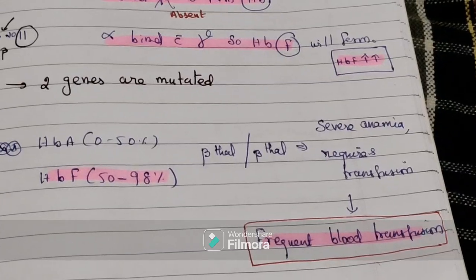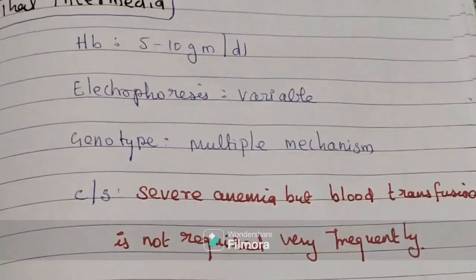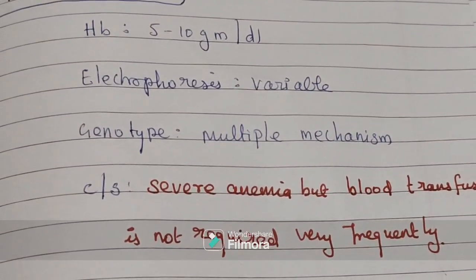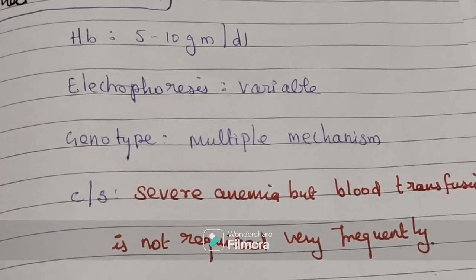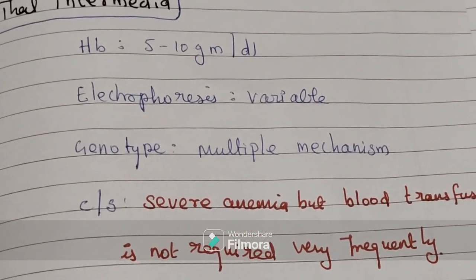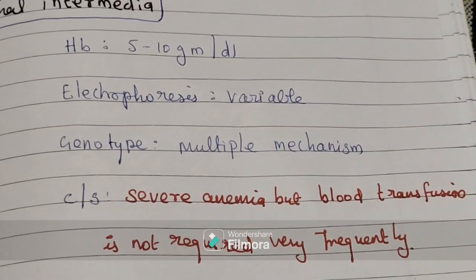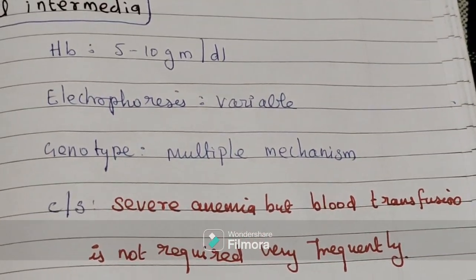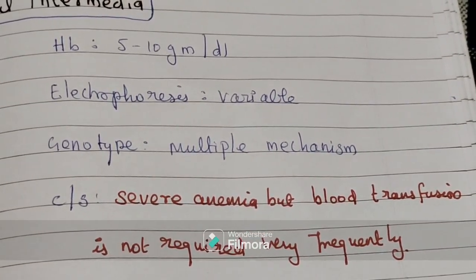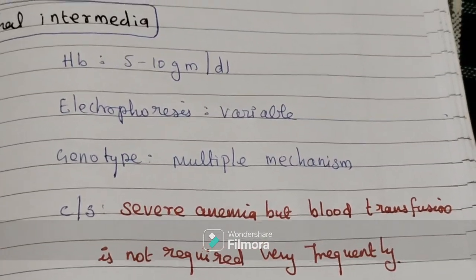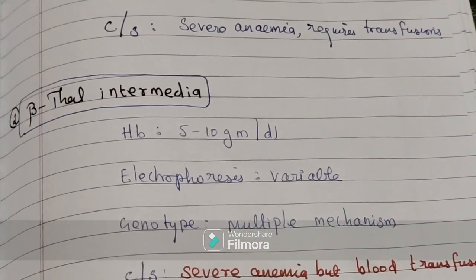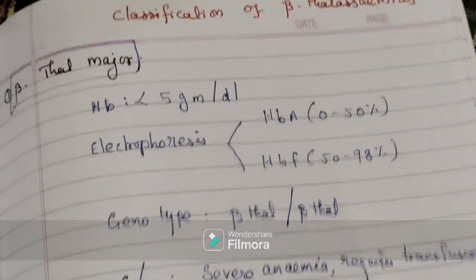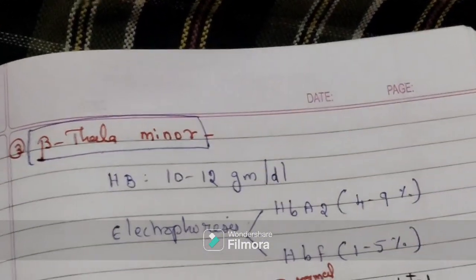The second is intermediate. Intermediate can have multiple mechanisms. Here anemia is severe, but blood transfusion is not required very frequently. It is in between major and minor. Next one is minor.